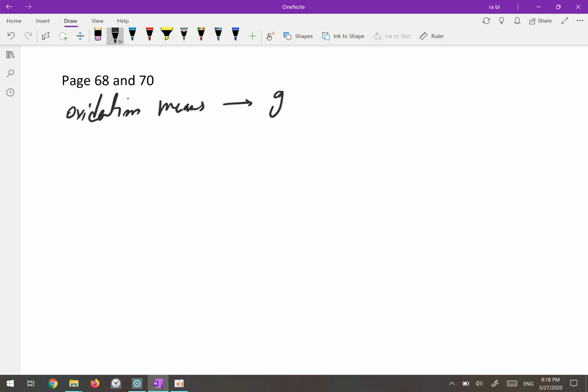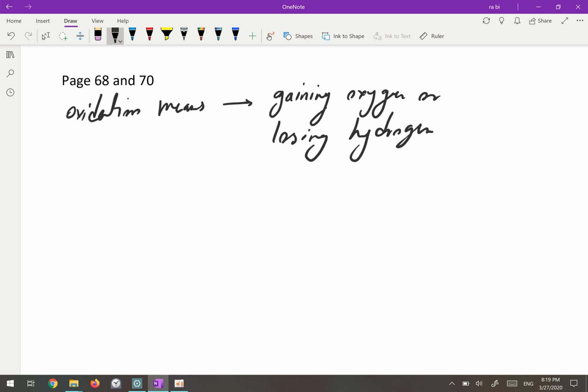Oxidation means gaining oxygen or losing hydrogen or losing electron. So the more complete definition is this one. Oxidation means losing electron, but you can apply any of them to answer your questions.